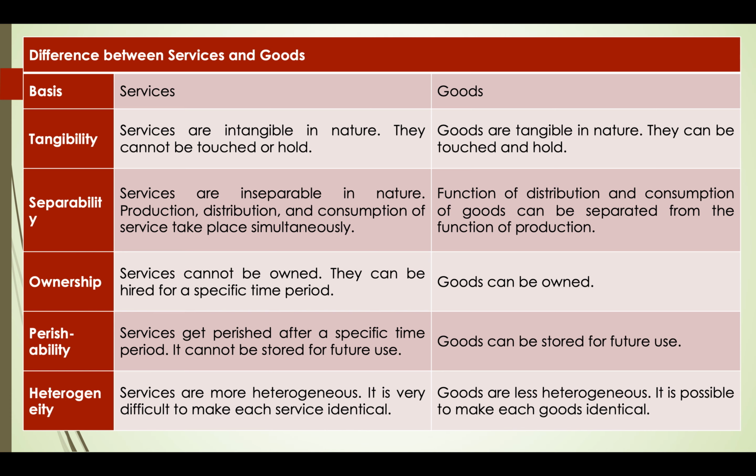So due to their behavior, due to their service quality, ultimately it is having an impact on the reputation or goodwill of the entire brand itself. So that is the challenge posed by the separability as a difference between the service and goods.